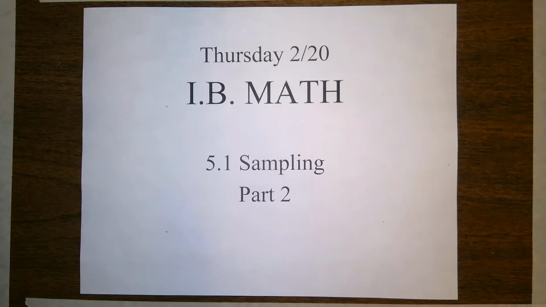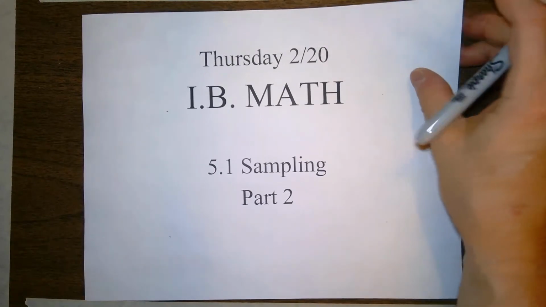For the next part of sampling, I want to take a look at sampling techniques, and I want to talk about a word that has a whole different meaning in popular culture than it does when we're talking about probability and statistics. So this is sampling part 2 from 5.1.